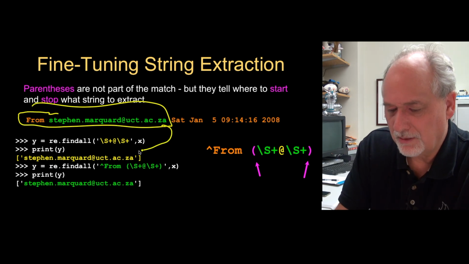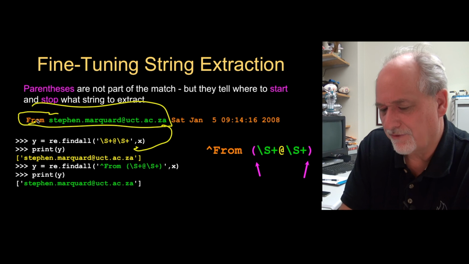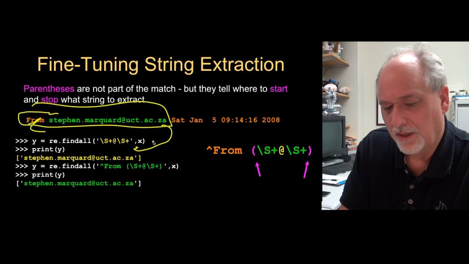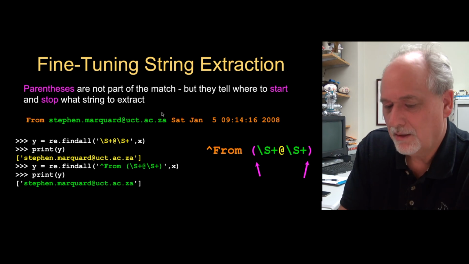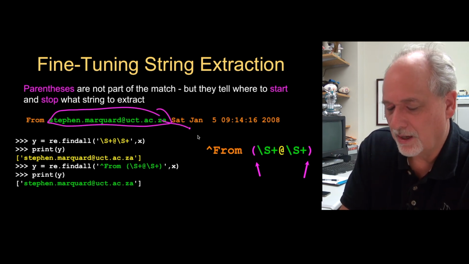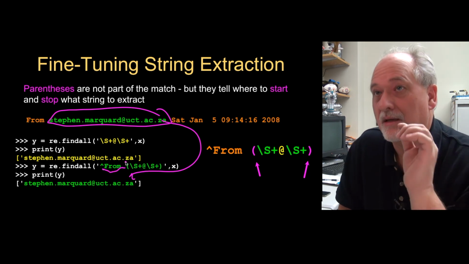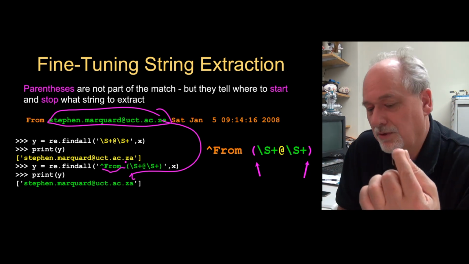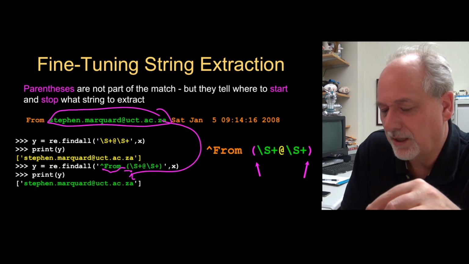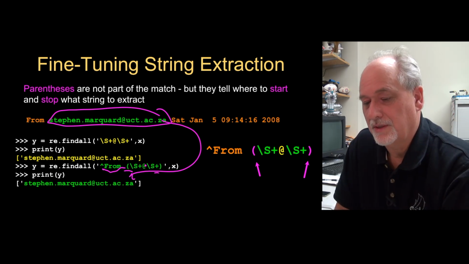Without a parenthesis. Oh wait, no, okay, that doesn't have the from in it. But if you do that with the parenthesis, you match the from, but you only get this bit to come out. So you can add this to make the matching part more precise, but without changing what you get returned, and you specify what you want to get returned with the parentheses.